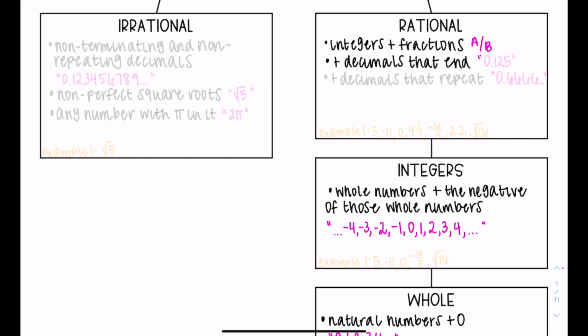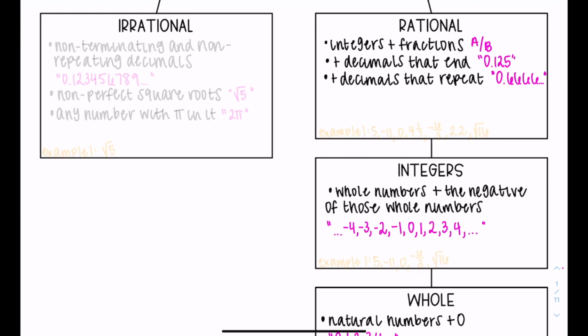So that would be something like 0.125. And plus decimals that repeat. So like 0.6666, and it just keeps going forever and ever. So there's a lot that is involved with rational numbers.